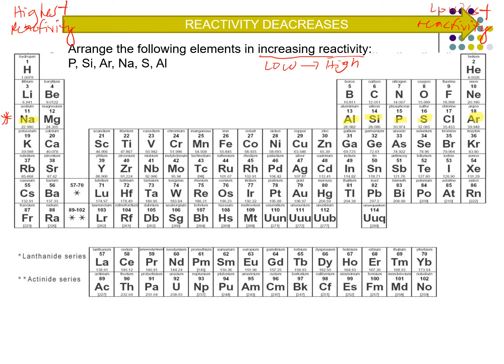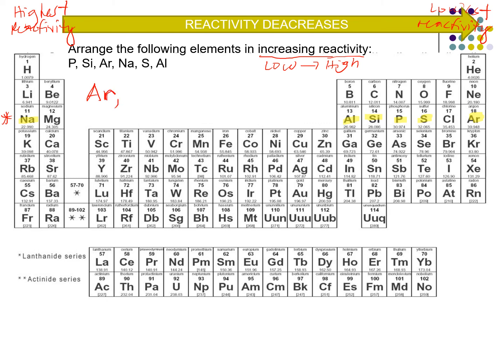So, paano natin aayusin yung mga elements na yan in increasing reactivity from low to high? Sabi natin kanina, yung nasa pinaka-right side, siya yung pinaka-lowest. Kung titignan natin yung period 3, sino yung nasa pinaka-right? Si argon. So, magsisimula tayo ngayon with argon.